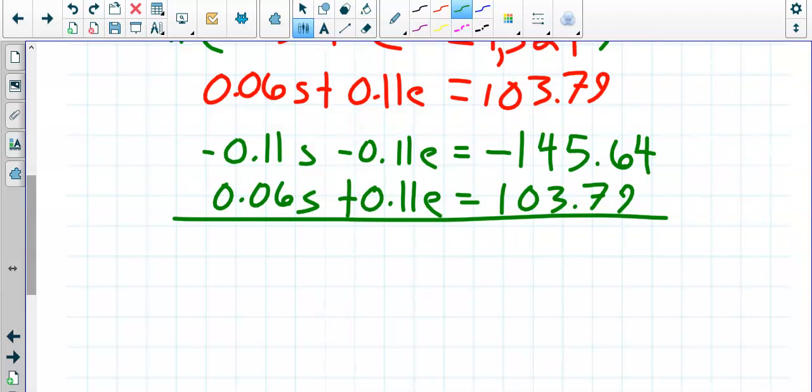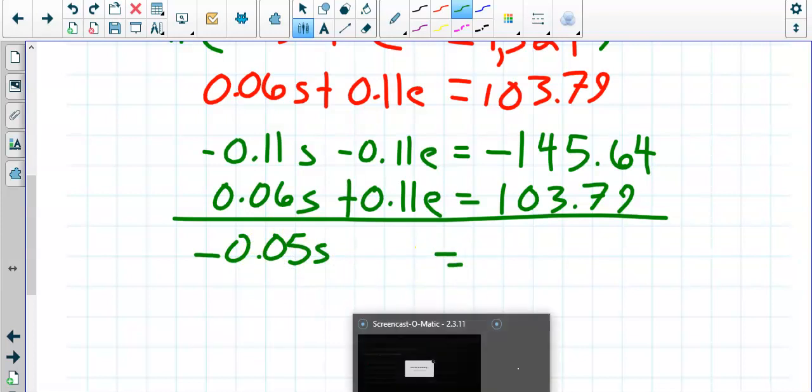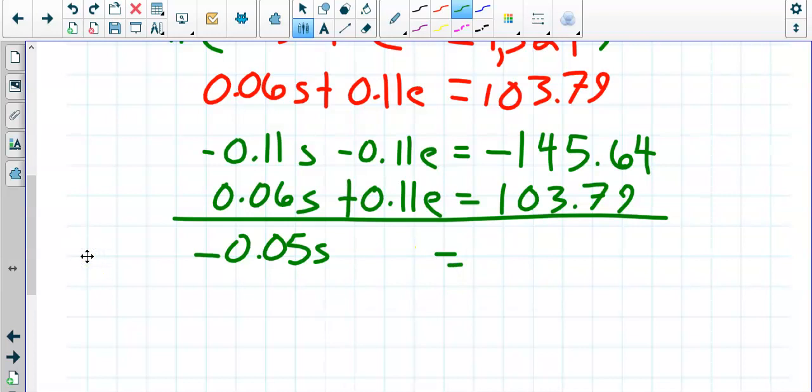Add down. So what's negative 0.11S plus 0.06S? Negative 0.05S. We know the E's are gone. What is negative 145.64 plus 103.79?